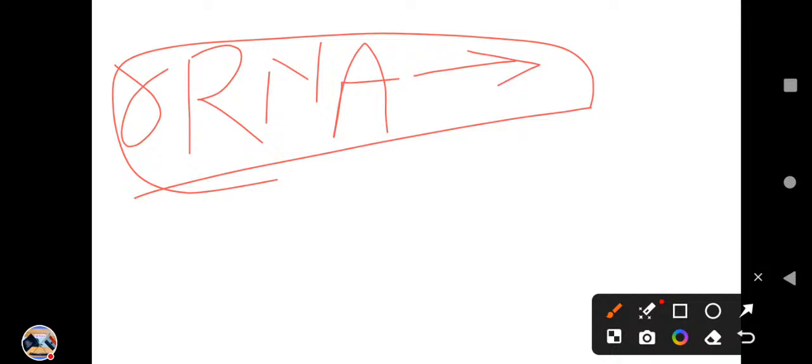And this protein synthesis is catalyzed by ribosomal RNA. And what is the stability comparison between DNA and RNA?